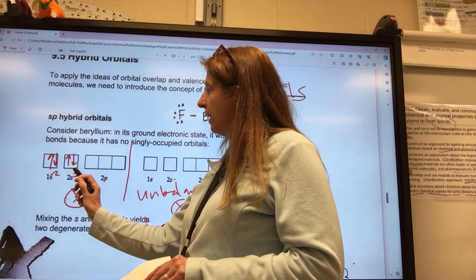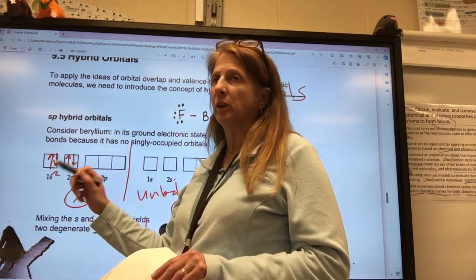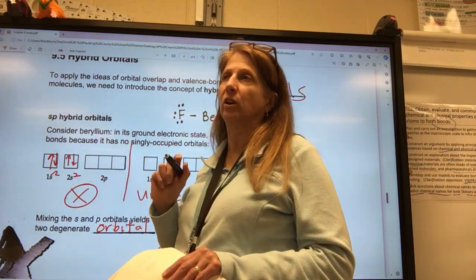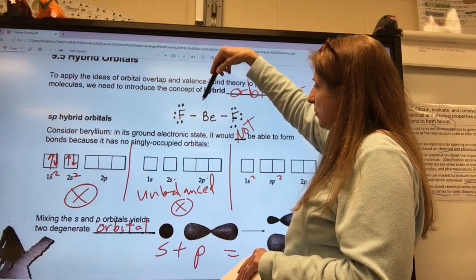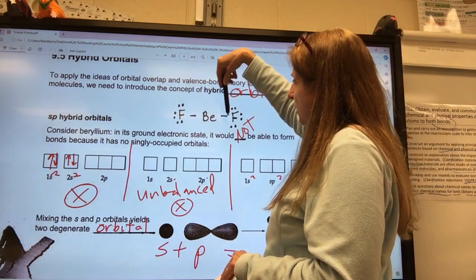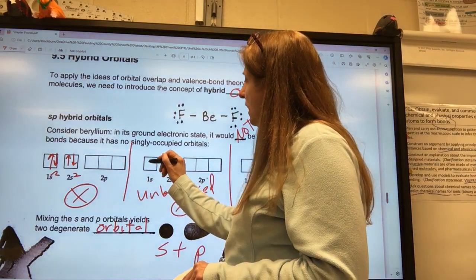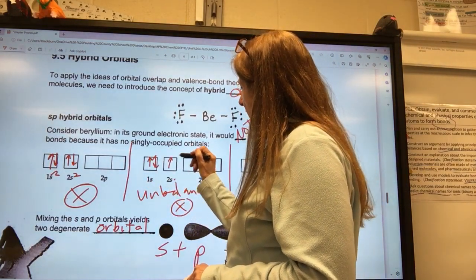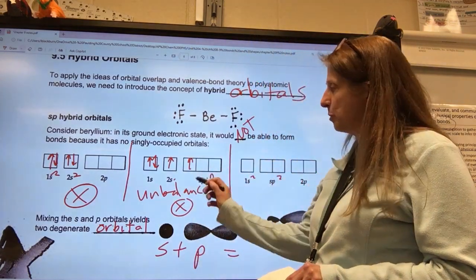So according to this, beryllium would not make any sort of covalent bond where it shares. It would only do electron transfer, but that's not what happens. Up here we have beryllium bonded to these fluorines, so how did that happen? Well, one thing it could do is promote one, and it could have a 2s and a 2p, like that. It could have promotion.